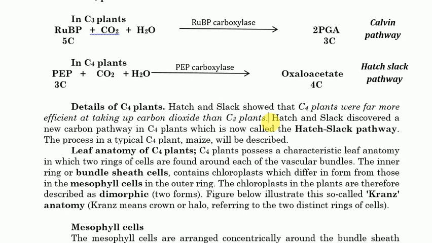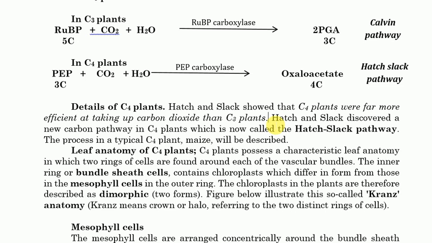They came to know that C4 plants use another pathway rather than the one used by C3 plants. The process in a typical C4 plant such as maize, the Hatch-Slack pathway, will be described later.